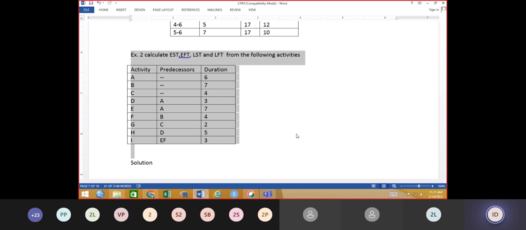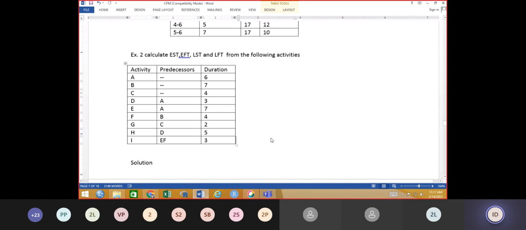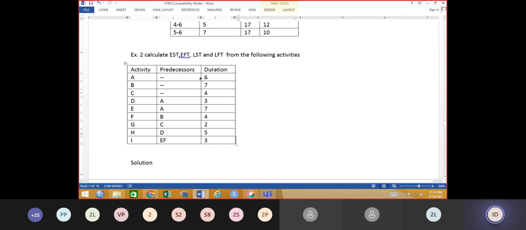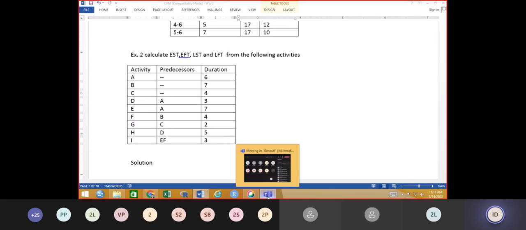Once it is over, you tell me. You have taken this example. By practicing this example, you will come to know how to work out all the time estimates.